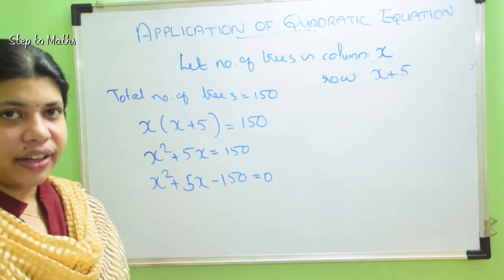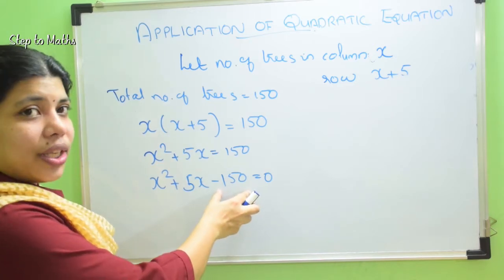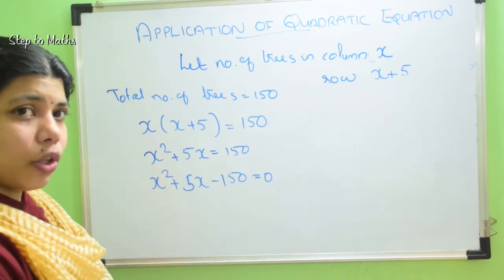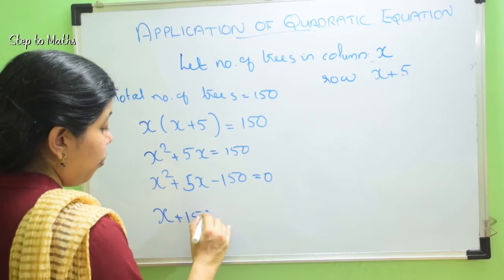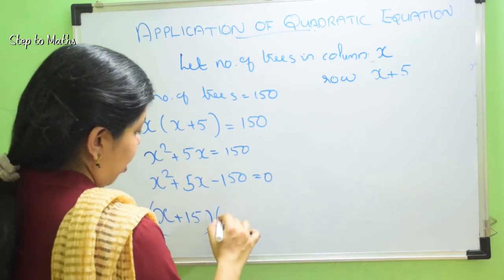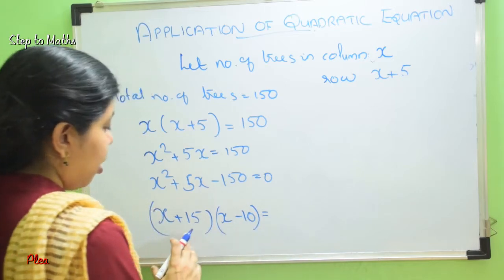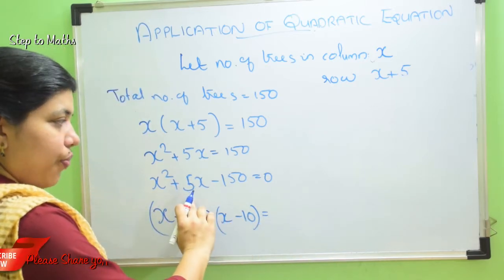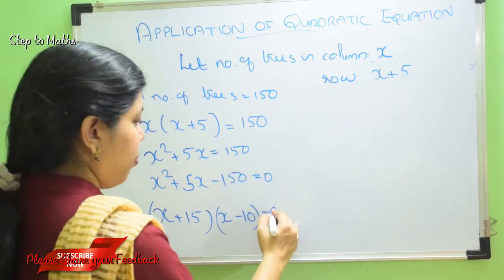We can apply the factorization. So the two numbers whose product is minus 150 and sum is 5. Which are the numbers? X plus 15 into X minus 10. 15 and minus 10, its sum is plus 5, and 15 into minus 10, the product is minus 150.